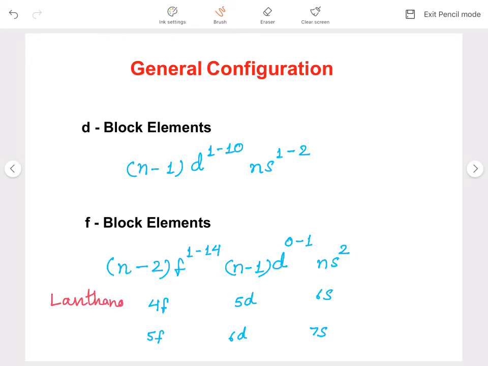If you have to write the general configuration for lanthanoids, we can write 4f 1 to 14, 5d 0 to 1, and 6s 2. Similarly, for actinoids, we have 5f 1 to 14, 6d 0 or 1, and 7s 2.